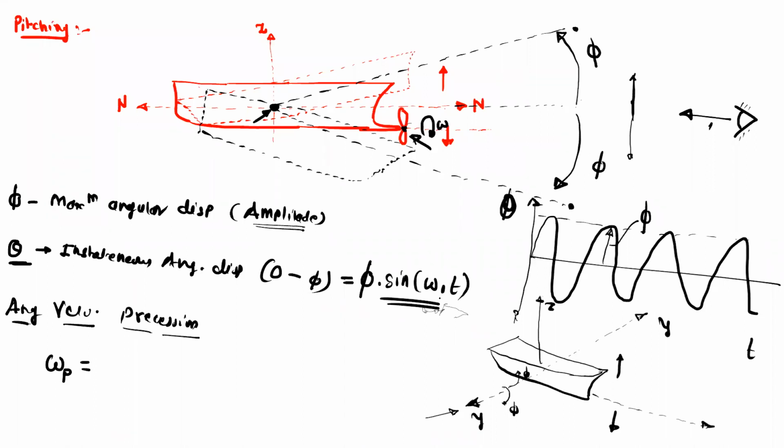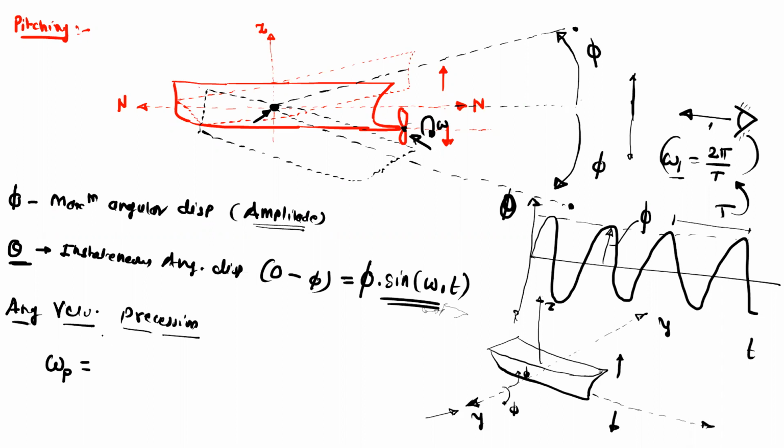Here omega 1 is nothing but the frequency. If you measure the time period, from the time period you can find the frequency omega 1 as 2 pi upon t. So this omega 1 is nothing but the angular frequency. Omega 1 is not the angular speed of the propeller.